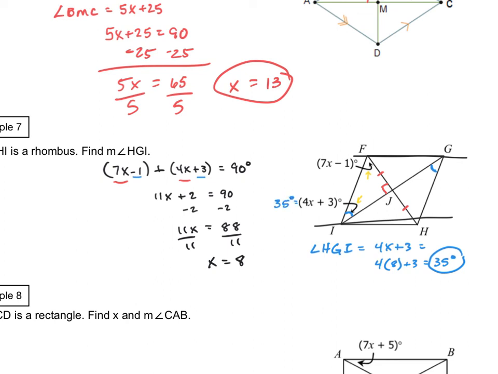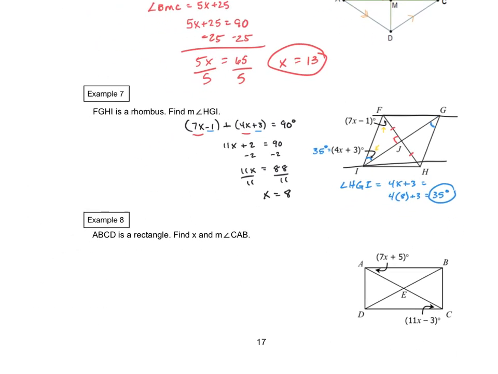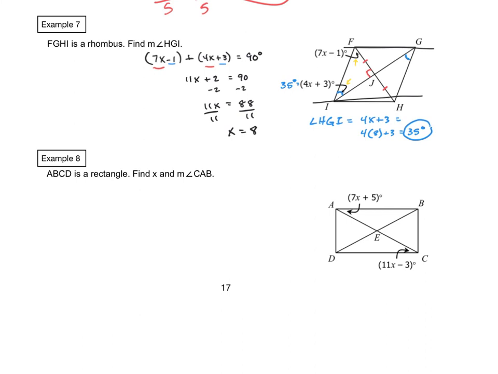There you go. Continuing on with example number 8, we have a rectangle now, and ABCD is a rectangle. It says find x and the measurement of CAB. So they want us to find this measurement right here, and also they want us to use x.